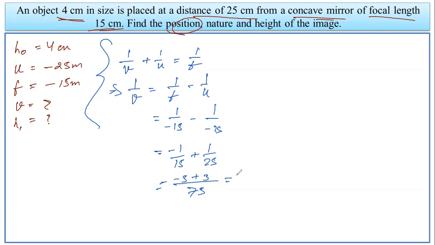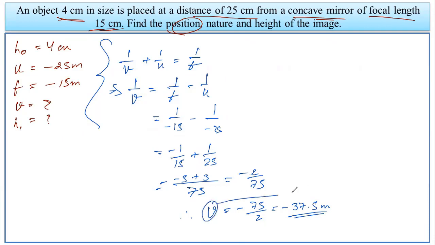So when you solve this, it is going to be minus 2 by 75. Therefore, the position v is going to be minus 75 by 2. When you divide this, it is going to be minus 37.5 centimeter. So this is the position of v.